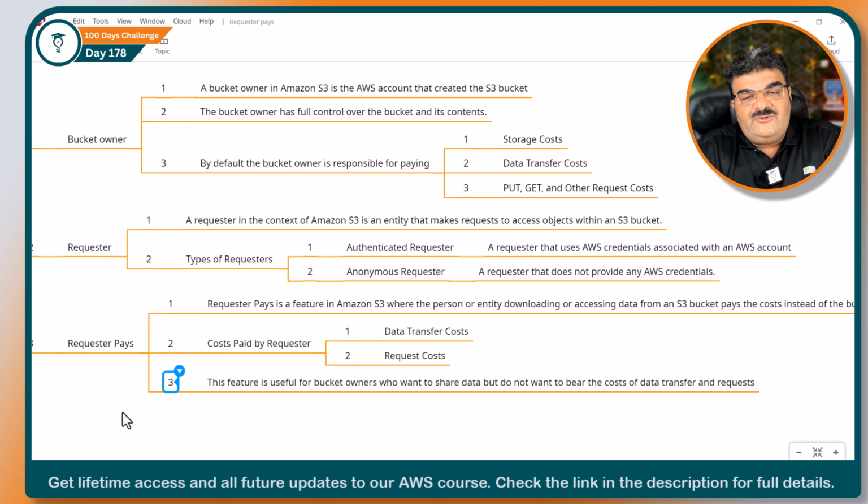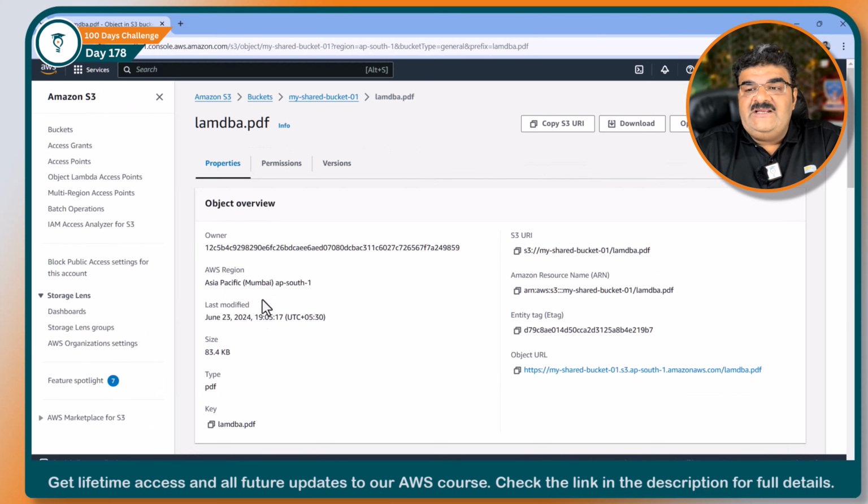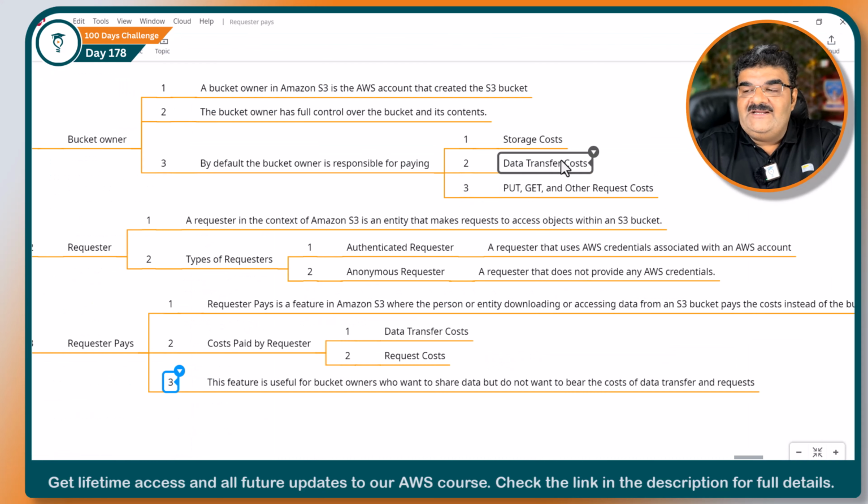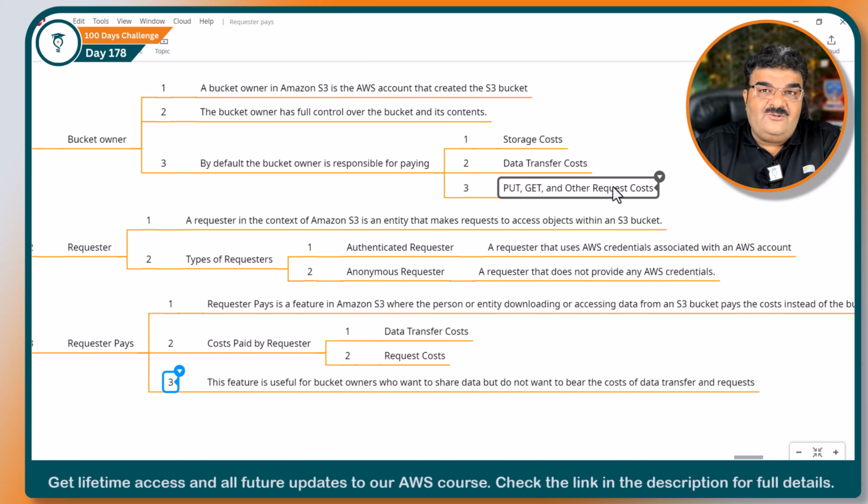We are actually sharing this research data absolutely free with any student of the world. But here we have a problem: the data we have is inside this particular bucket. When people or students from all over the world download this data, we have to pay data transfer cost and request cost.